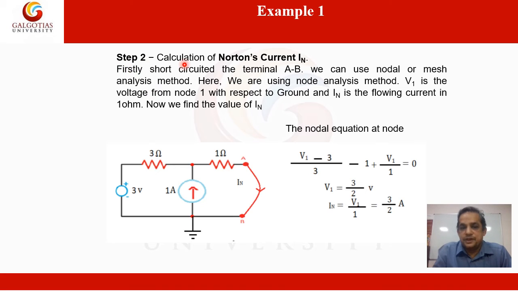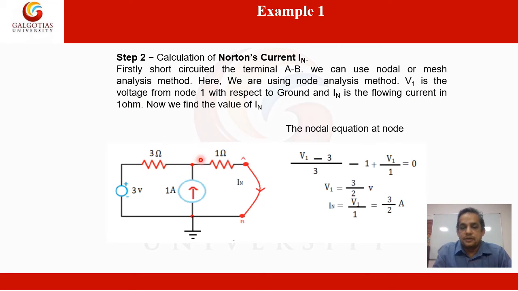Step 2, calculation of Norton current IN. Firstly, short circuit the terminal AB, which I have said. We can use nodal or mesh analysis method. Here we are using the node analysis method. If you want to use mesh or superposition, then you use it. V1 is the voltage.